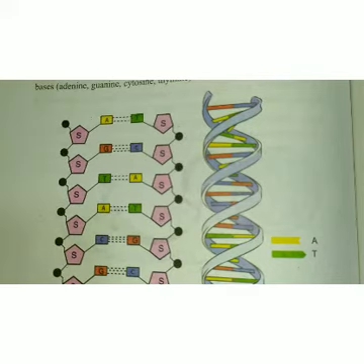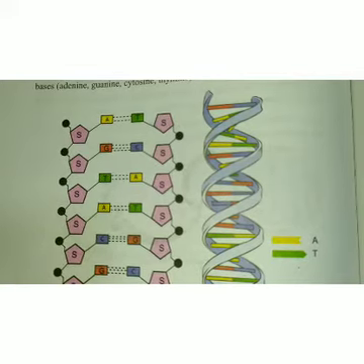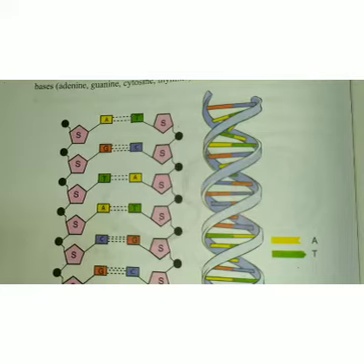So nitrogen base, sugar and phosphate collectively are called nucleotide. DNA is a stable substance in a chromosome. Nitrogen bases are of 2 types: number 1, purine; number 2, pyrimidine. Adenine and guanine are purines; cytosine and thymine are pyrimidines.